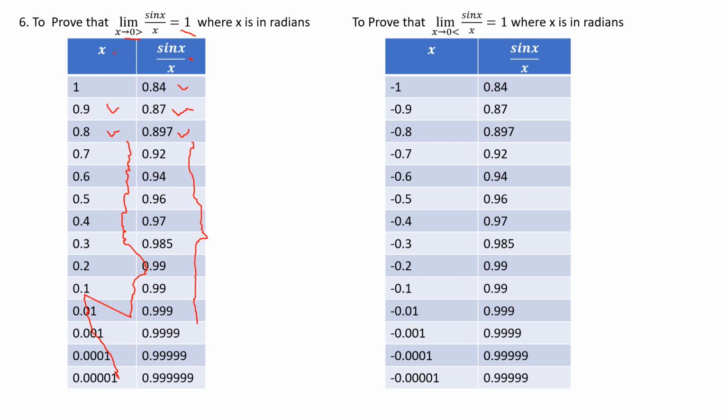You see how they are changing up to this one. What can you conclude on this? You see, as x is tending to 0, then sin x over x is tending to 1. On this side here, we have 0.999, which is approximately 1.